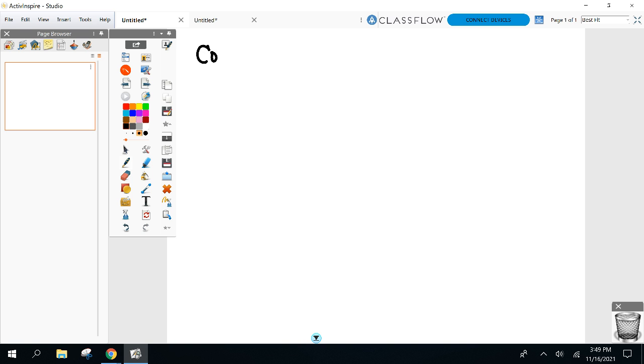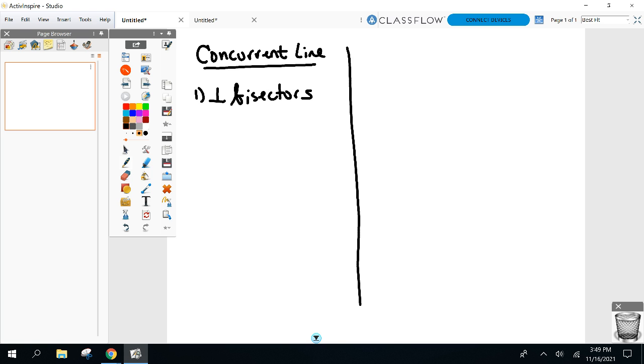So yesterday, in a triangle, we noticed a concurrent line in a triangle. We noticed that the perpendicular bisectors were concurrent, which led us to a new vocabulary term, which was the point of concurrency for those concurrent lines.